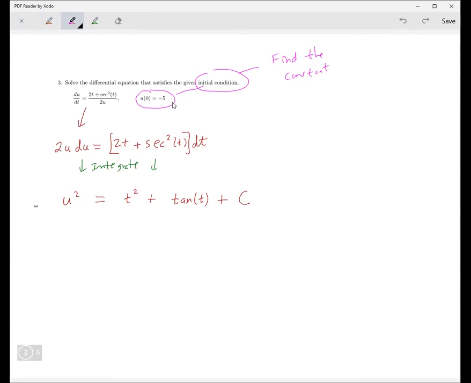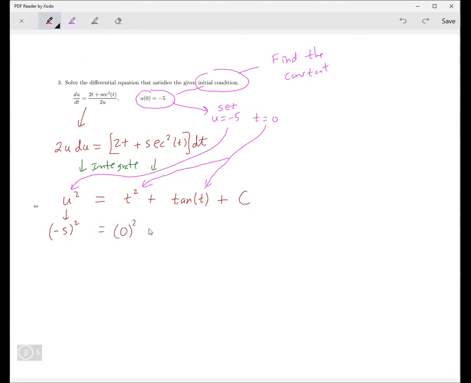Okay, so this means find the constant. What you're going to do is set u equal to negative 5, and t equal to 0, because u of t is what your function is.